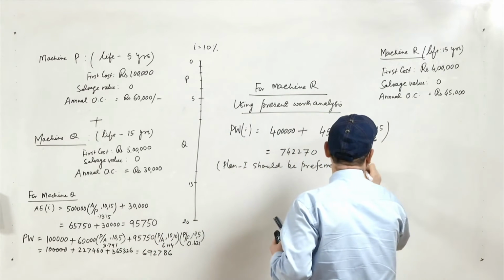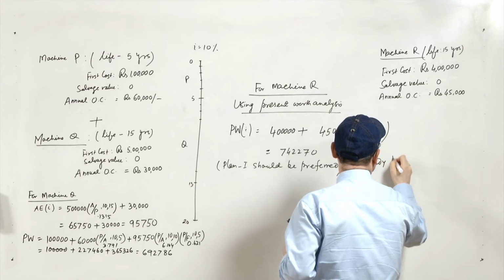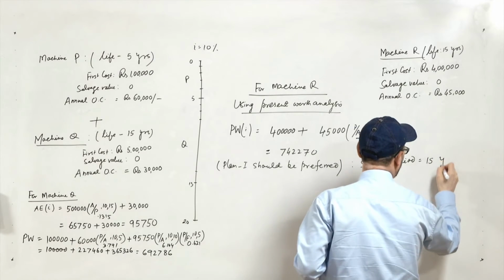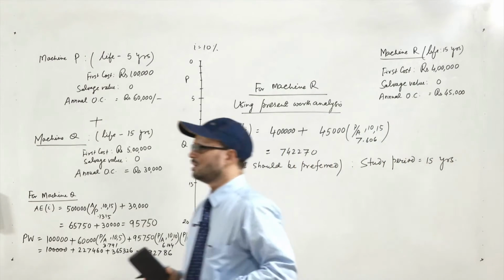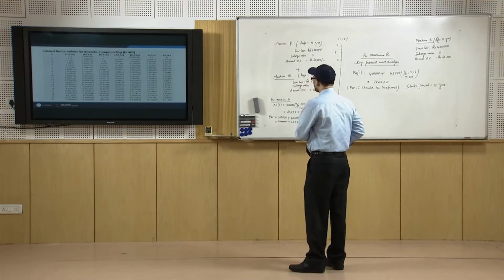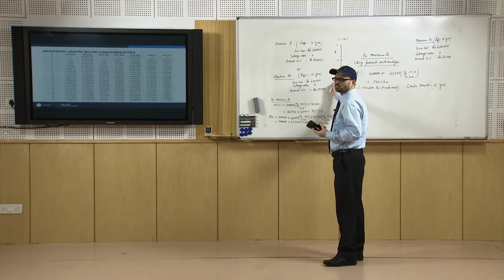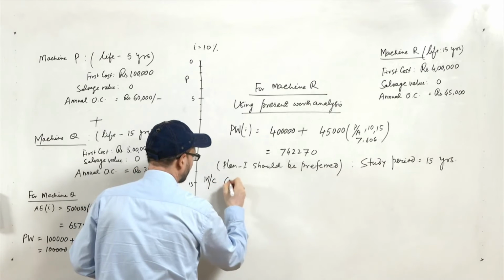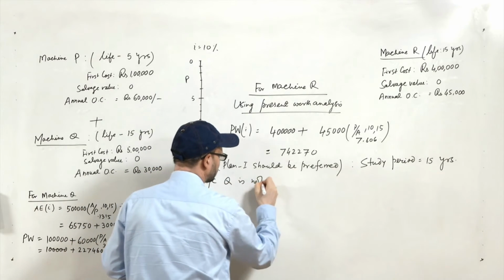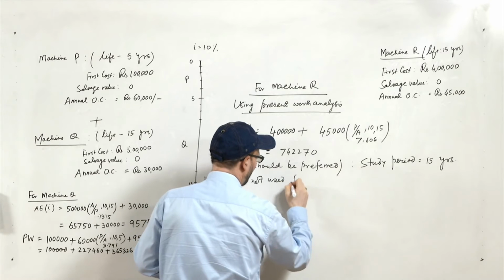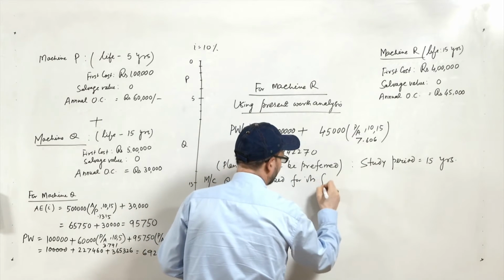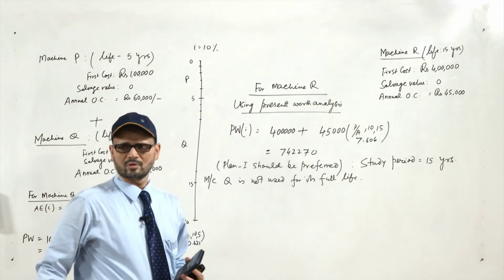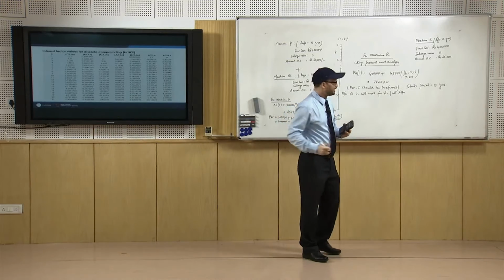We have taken a study period of 15 years. Now, in this case, we are not using this machine Q for full of its life. So, machine Q is not used for its full life. So, 5 years of life is remaining.